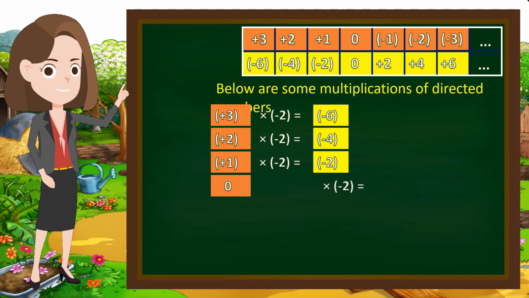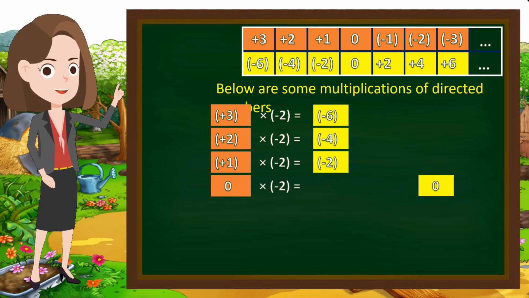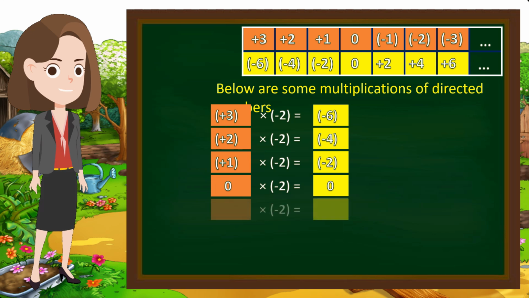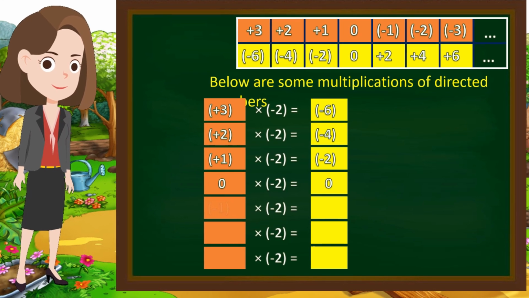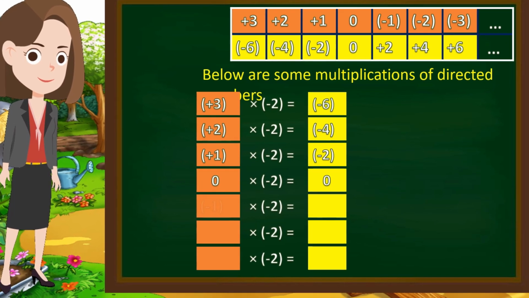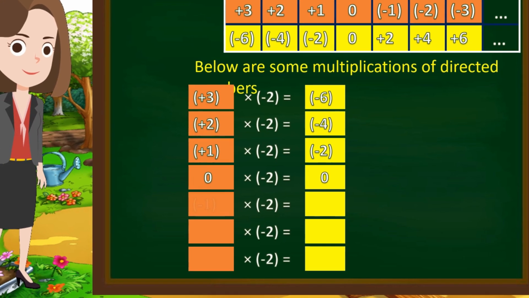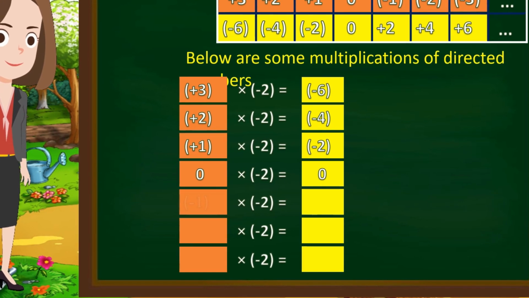The answer of the 0 multiplied by the minus 2 is 0. In the same way, let's see what the answers to the blanks are when we write the multiplications according to the pattern shown here.